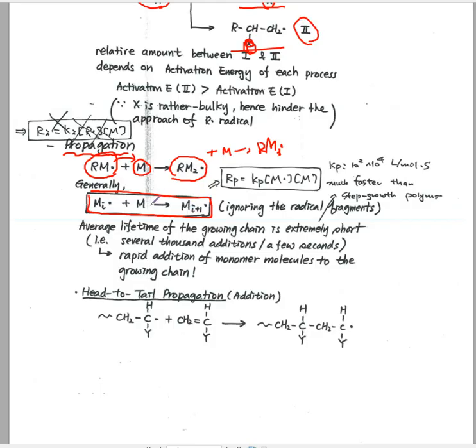As I mentioned, since radicals are highly reactive, the average lifetime of the growing chain is really short. It only takes a few seconds to form several thousand additions, which is why we can achieve really high molecular weight, really long chain polymers at an early stage of the reaction in free radical polymerization.